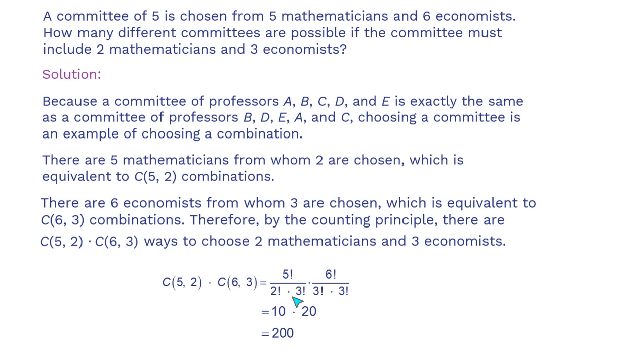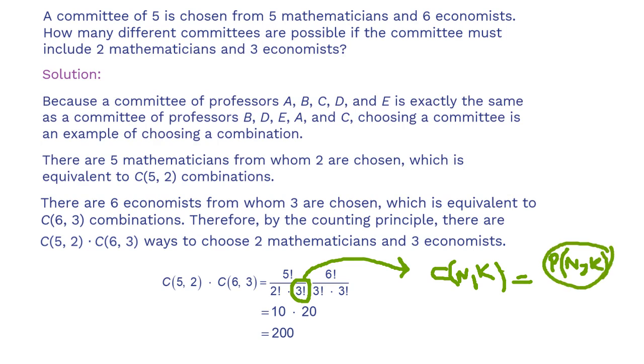So we want to know where this comes from. Okay, so remember that for the combination of n, k, this is equal to the permutation of n, k divided by k factorial.